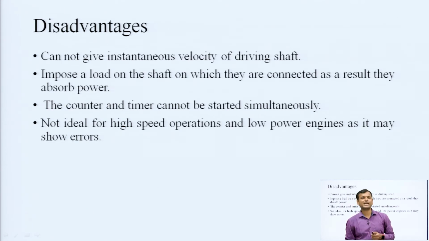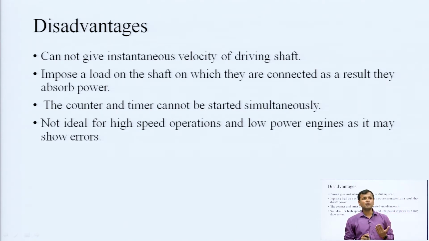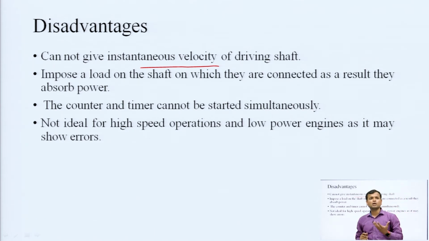There are also certain disadvantages associated with the mechanical flyball tachometer. First, it cannot give you the instantaneous velocity of the driving shaft. As I have told you, it is used to give you the average velocity only.